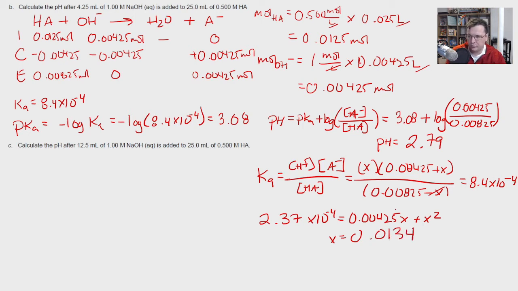And so we do the 5% check. That can't be right, because the concentration of x is now greater than the other concentrations. So wait, did I mess something up?